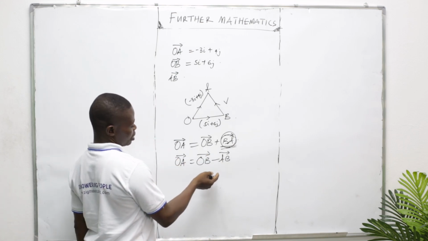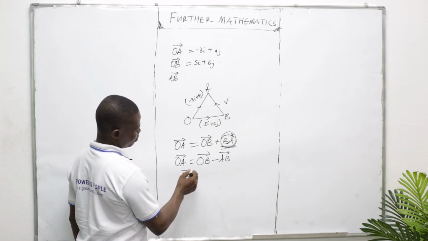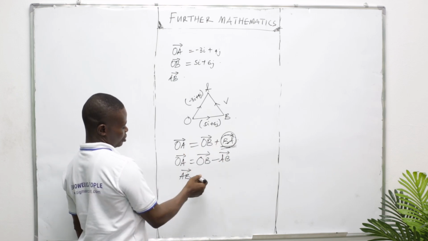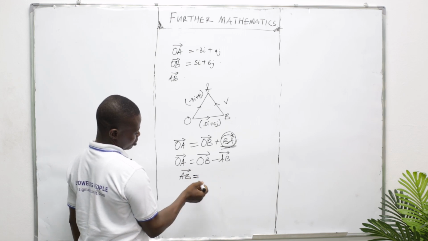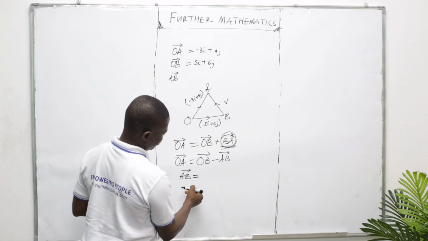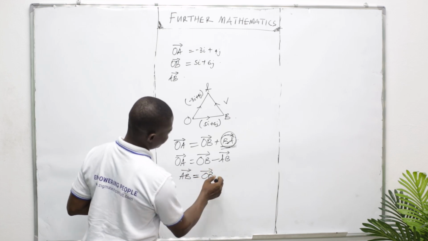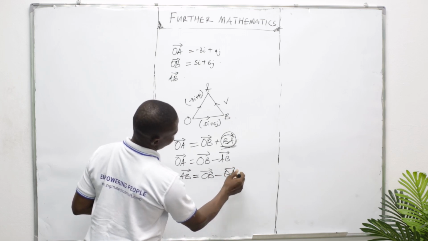So, what next? You got to make it subject to the formula by transferring, that is, add AB to both sides. If I do that, I will have AB equals to vector OB minus, I'm bringing this on this way, OA.